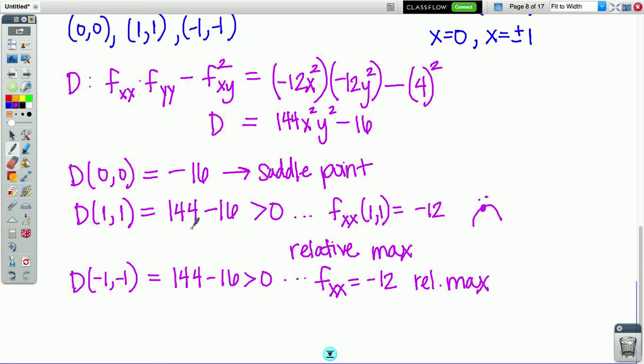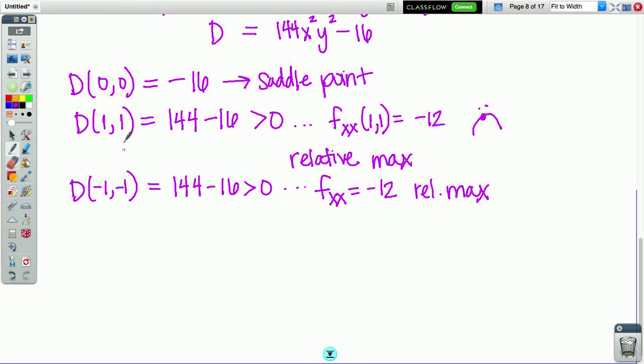So what I have, I guess I should classify these things a little bit more formally. So let me write up an answer here. At 1, 1 and negative 1, negative 1, we have relative maxima.